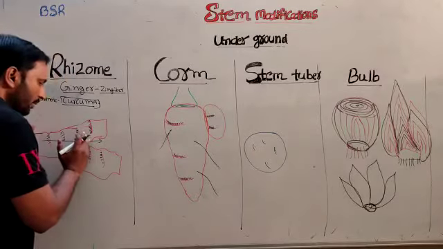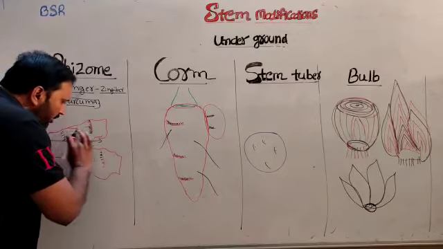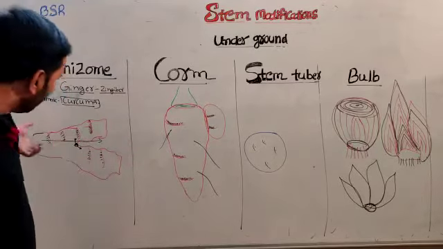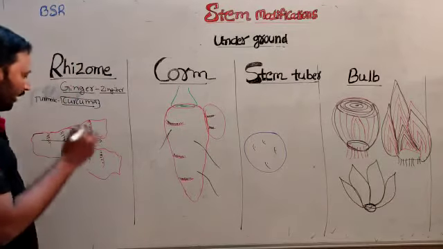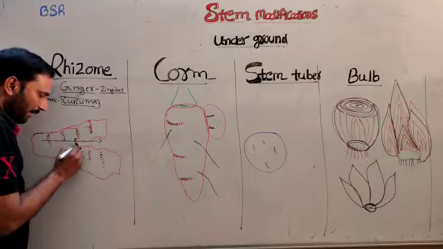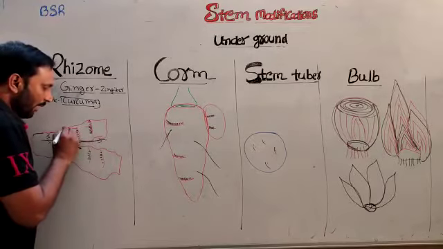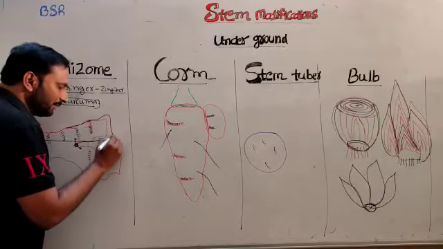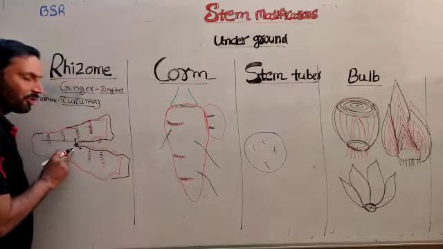the underground stem is clearly growing horizontally below the soil. Mainly the axillary bud forms branches, which also maintains the horizontal growth of the stem below the soil.